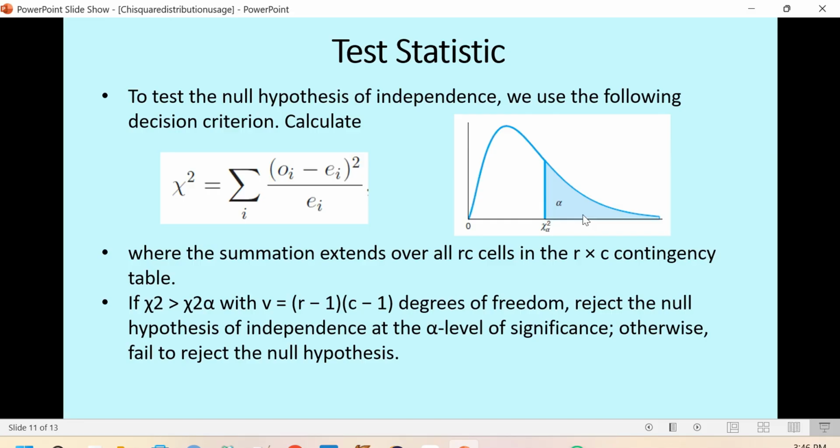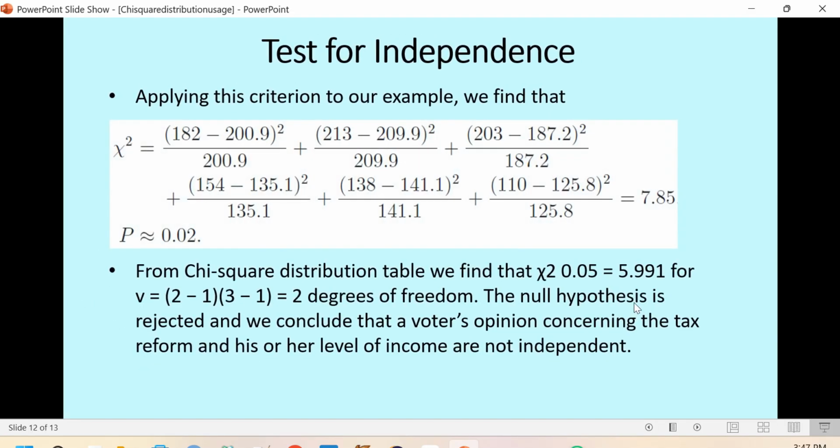So we get a p-value smaller than alpha. Actually, the p-value of our test is about 0.02. So we got a very infrequently occurring event in our test. It's about only a 1 in 50 chance that this has happened.